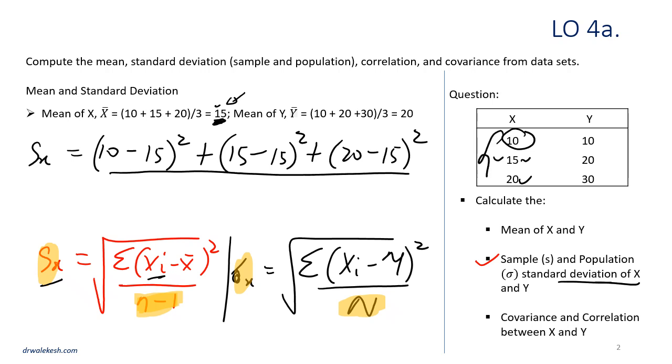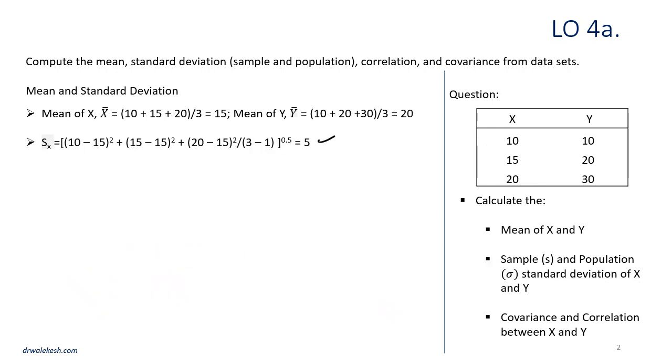N is 3 from here, that's 3 minus 1. Then you can find the square root of the whole of this. If you solve for this, I expect you to get 5. So I have 5 here.